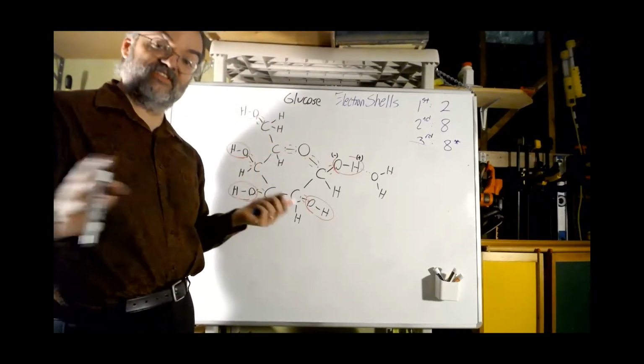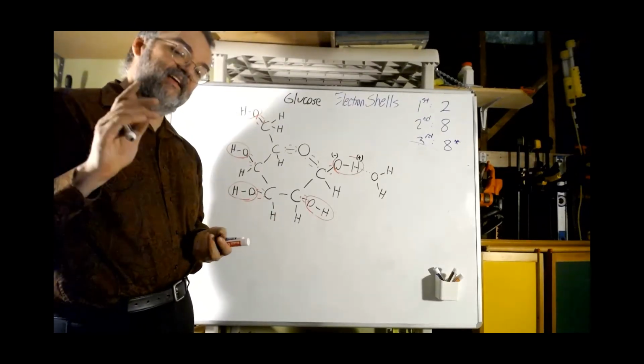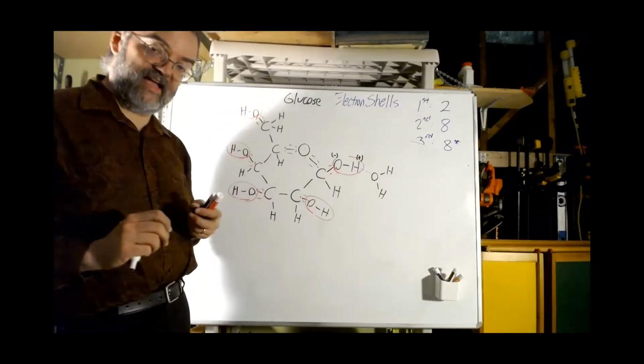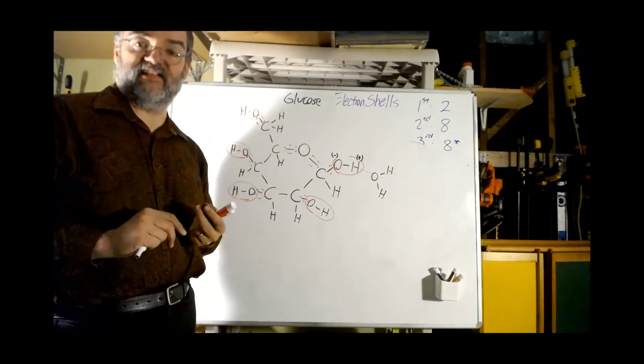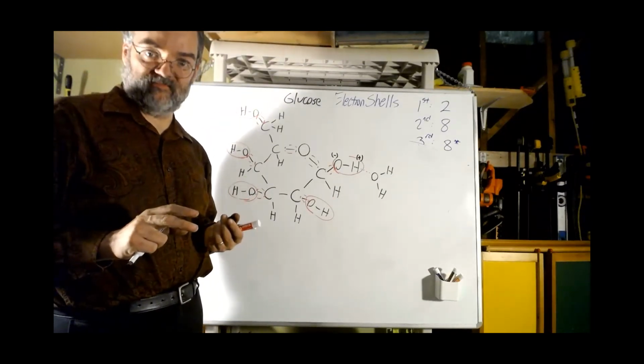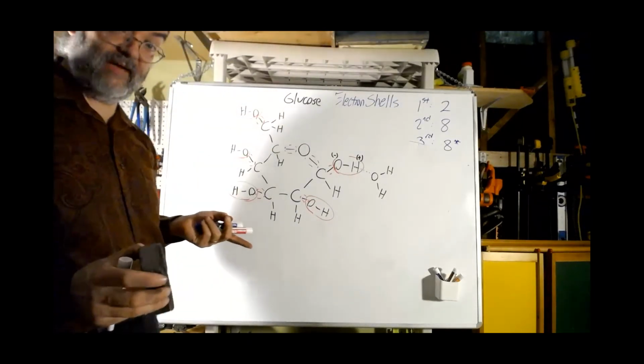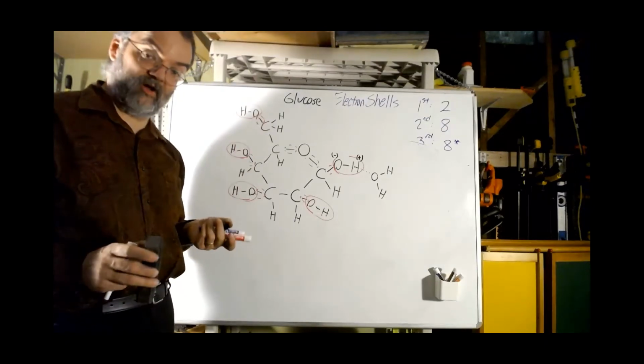Glucose dissolves in water. The more polar parts a molecule has, the more easily it can dissolve in water. So, glucose, which is a part of table sugar, dissolves nicely in water.